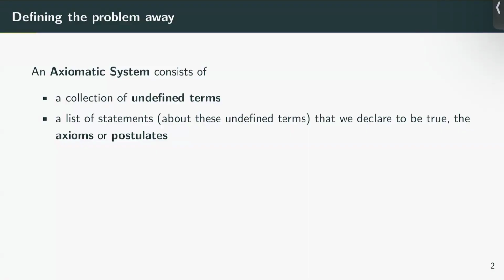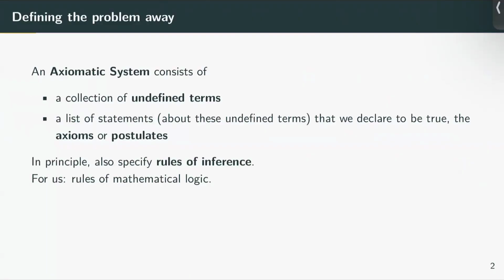I should say something about the vocabulary. Axiom is maybe a more modern mathematical term. It's used quite frequently across all of mathematics. But a postulate is used quite classically in geometry. Euclid used the term postulate. I believe there was a historical distinction between axiom and postulate. In modern mathematics, they're synonyms, and in this class, they're going to be synonyms.